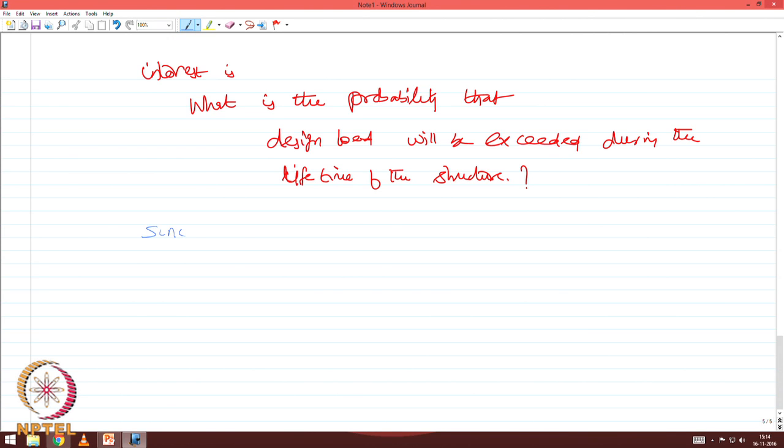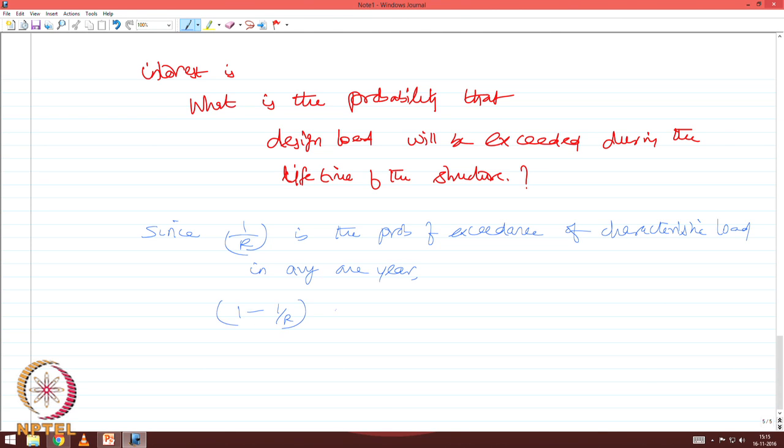Now, since 1 by r is the probability of exceedance of the characteristic load in any one year, 1 minus 1 by r will be that it will not be exceeded in any one year.